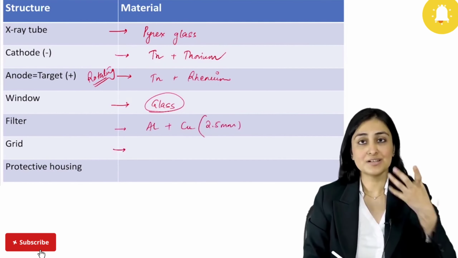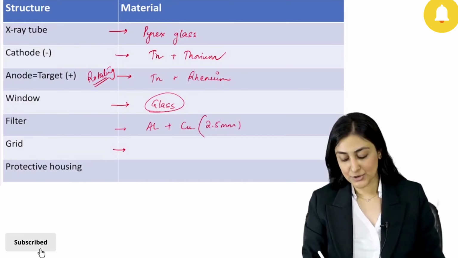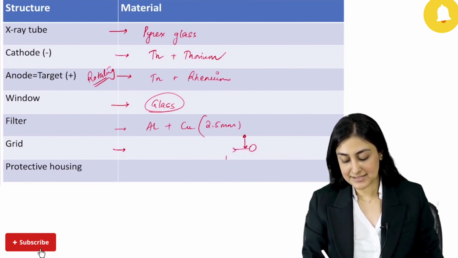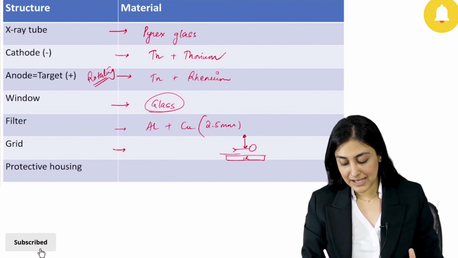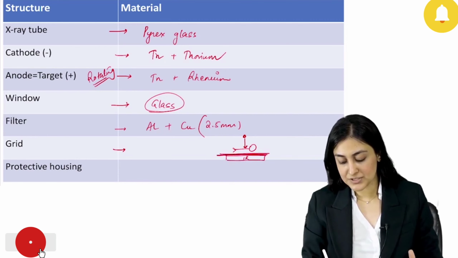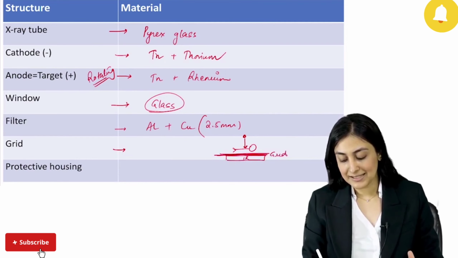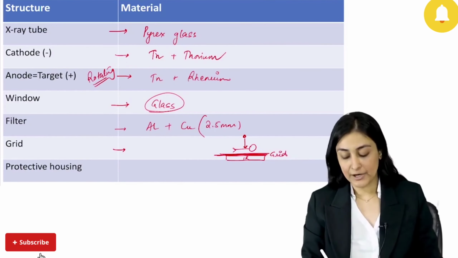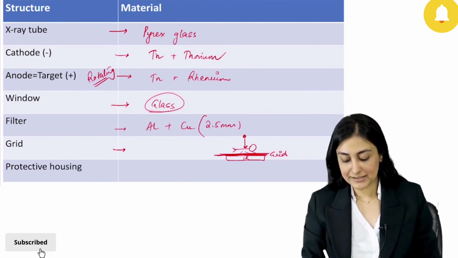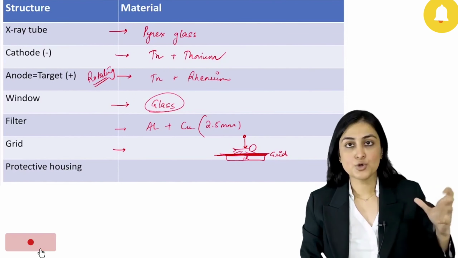Grid, so there is also a grid which is used behind the patient. Remember, if this is the patient, this is the X-ray tube which is producing the X-ray. In between, before the image receptor or the film, we have something called the grid. This is where the grid comes in, and it will basically not allow any radiation which is going in an off-focused manner.